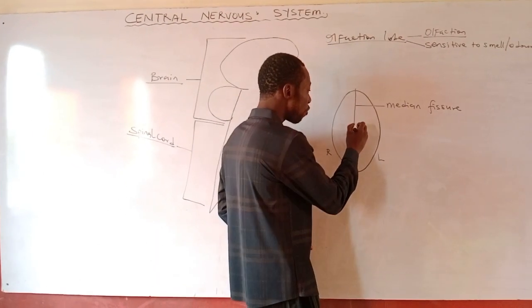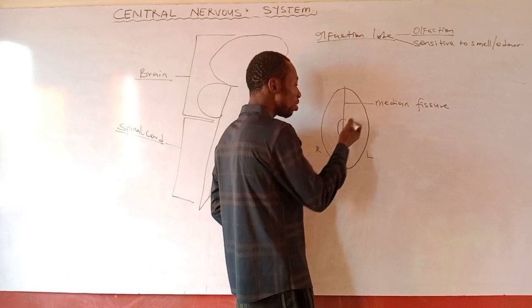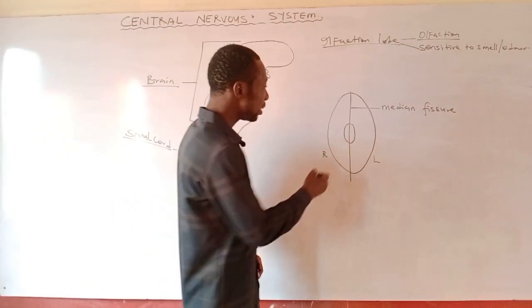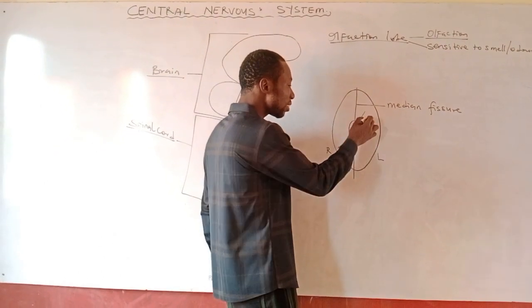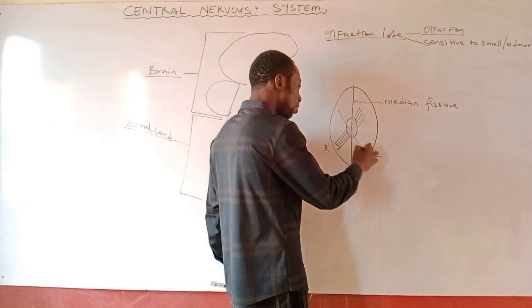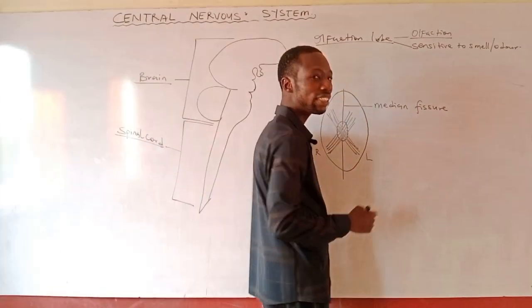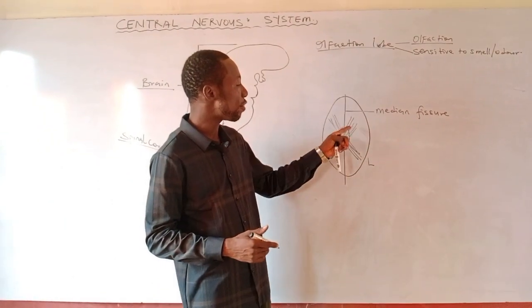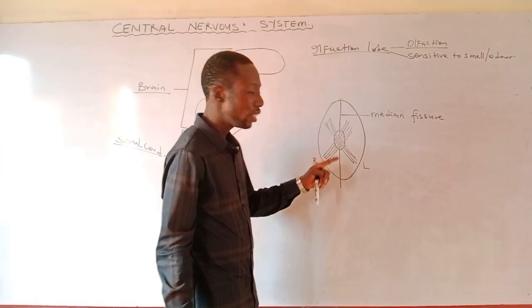Now we have a band of fibers that connect fibers from the left to the right and from the right to the left. The crossing over of the fibers from the left to the right and from the right to the left is known as decussation. Decussation is the crossing of fibers from one side to the other.